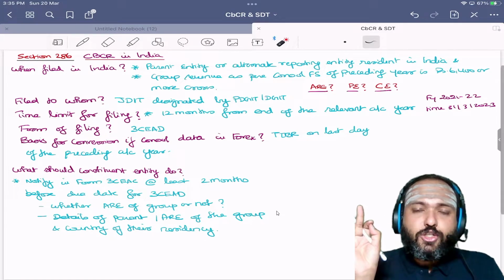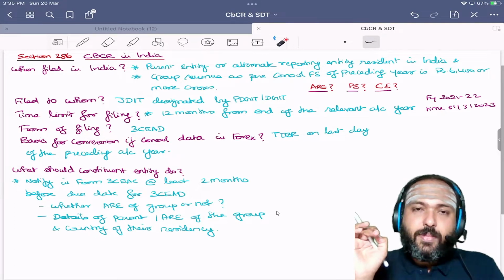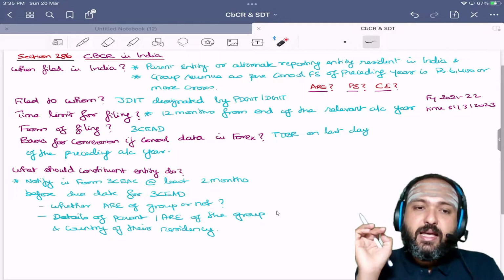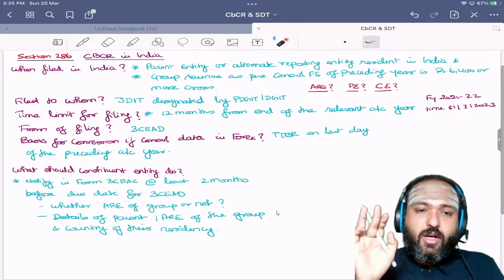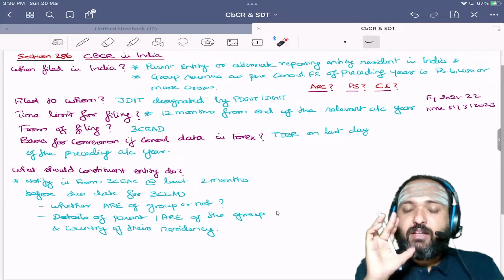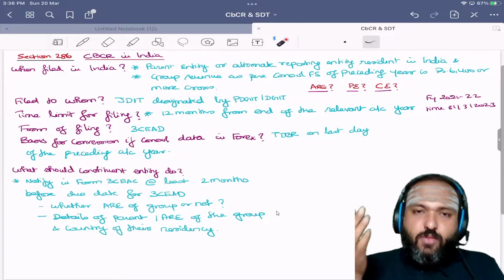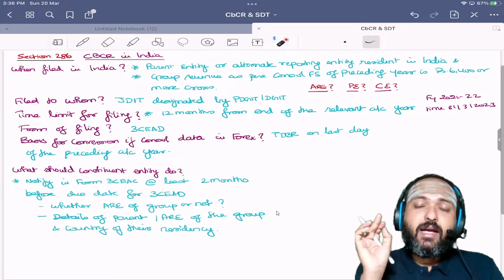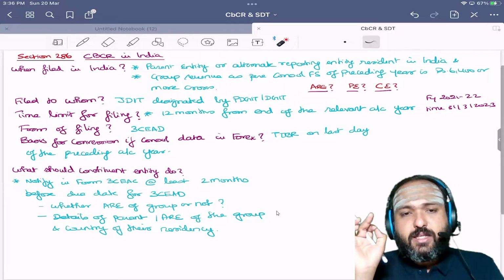So the constituent entity will file Form 3CEAC with the income tax department and confirm that they are not a parent, or not an alternate reporting entity for the group, and then the parent or alternate reporting entity has to be disclosed along with their country of residency. This is what a constituent entity is supposed to do.